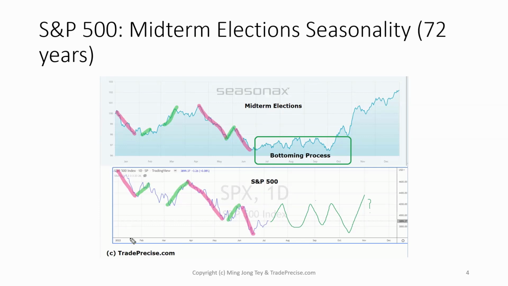First of all, in order to study the seasonality chart, we want to see whether it's working, or whether we should tweak it to other time frames or other years. So far, the S&P 500 has been working fairly well, or extremely well, based on the midterm election seasonality chart.